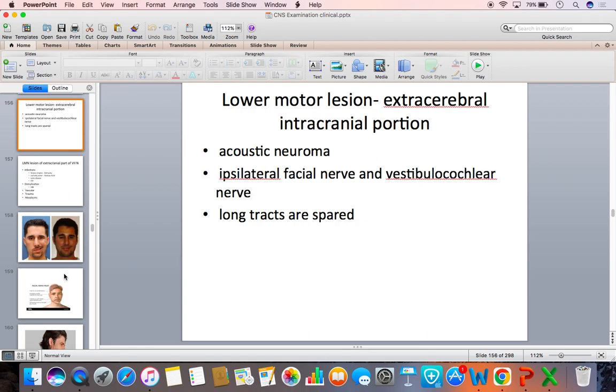This is affected by the acoustic neuroma. The clinical presentation will be ipsilateral total facial palsy with ipsilateral eighth nerve manifestations. Well, in this particular lesion, long tracts are not affected. This point has to be remembered.